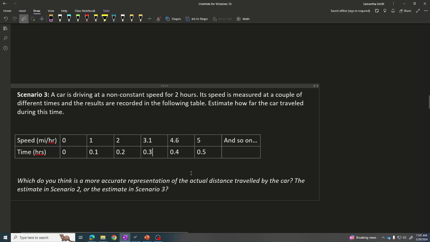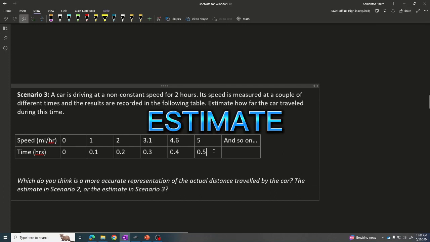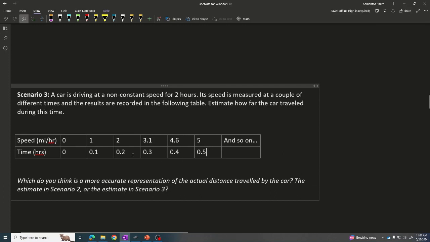Intuitively, you probably can guess that the more data you have and the smaller the amount of time between recordings, the more accurate your estimate is going to be. If the time interval between recordings is small, then the car simply doesn't have as much time to do weird stuff and deviate from the values that have been recorded in the table. So you're probably getting a much better estimate as you have more data and your intervals between the times are small.